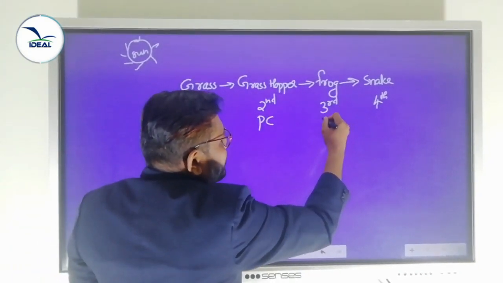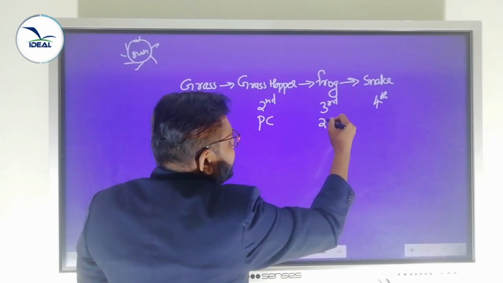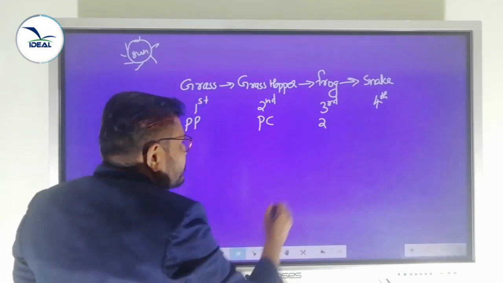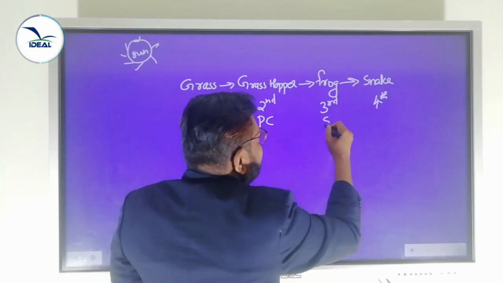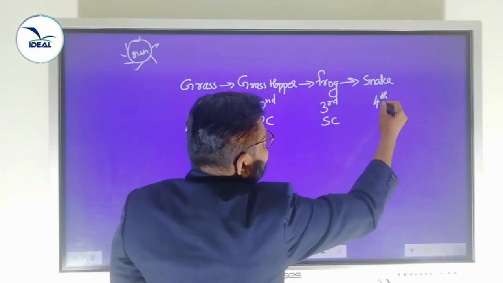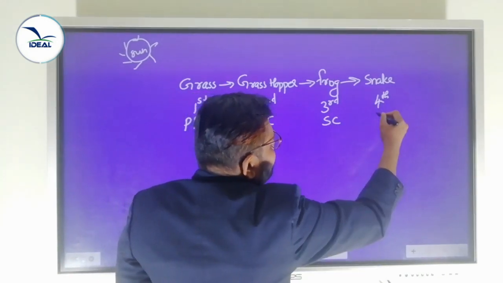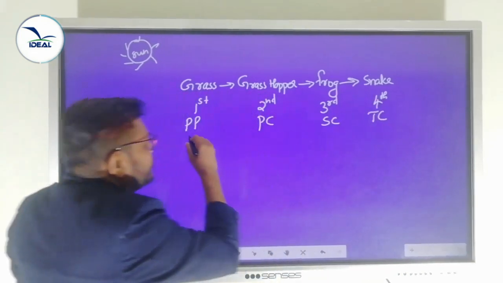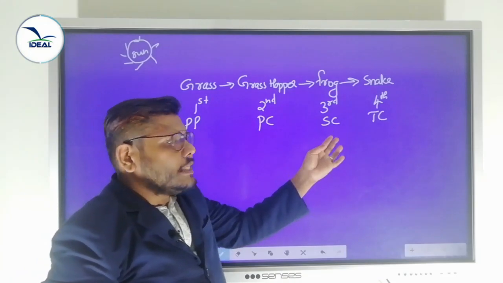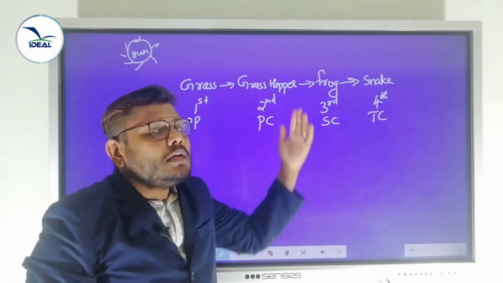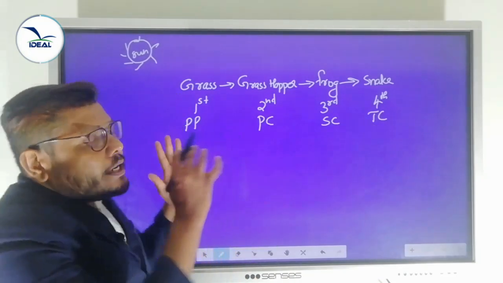The third trophic level is occupied by the secondary consumer, and the fourth one is occupied by the tertiary consumer. So PP means primary producer, PC means primary consumer, SC means secondary consumer, TC means tertiary consumer. This is one kind of food chain.